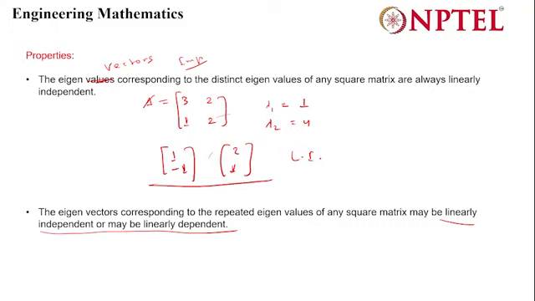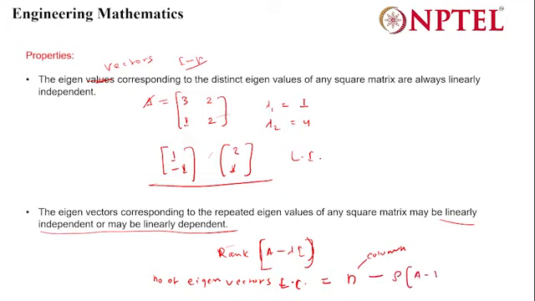In such a case, when there are repeated eigenvalues of any square matrix, you will calculate the rank of this matrix, and the number of eigenvectors which are independent will be n minus rank of the matrix A minus lambda I, where n is the order or the number of columns or variables.